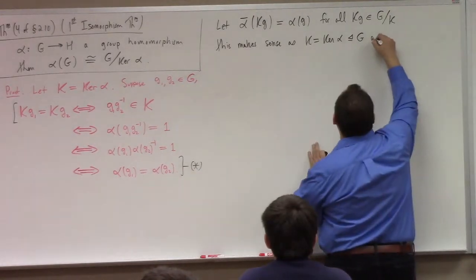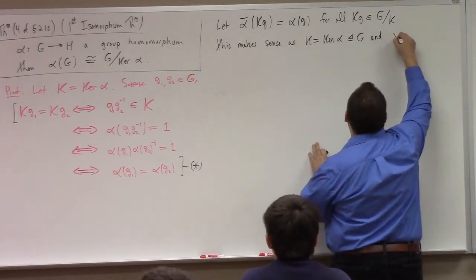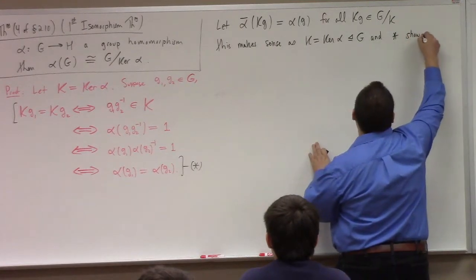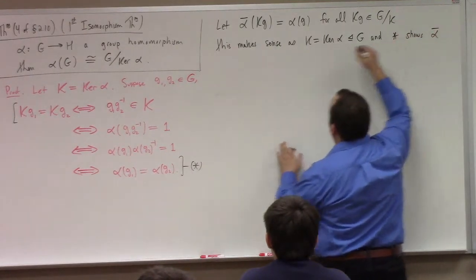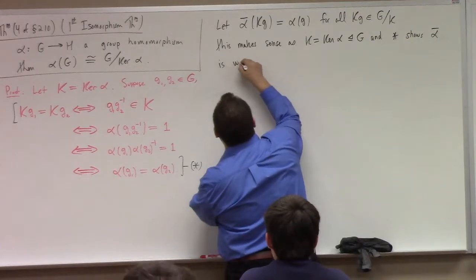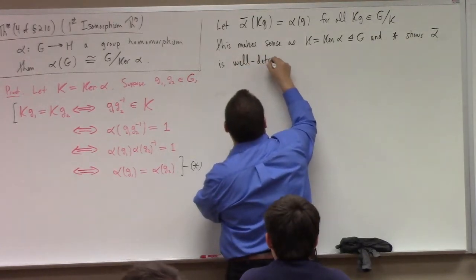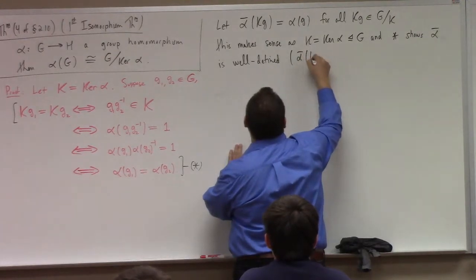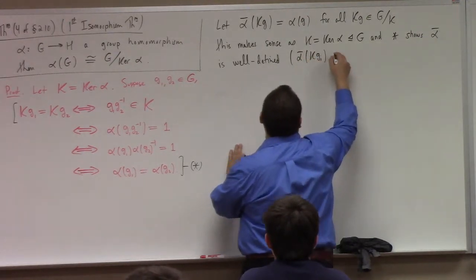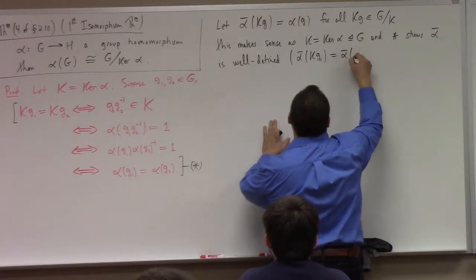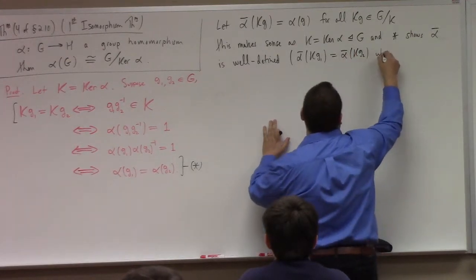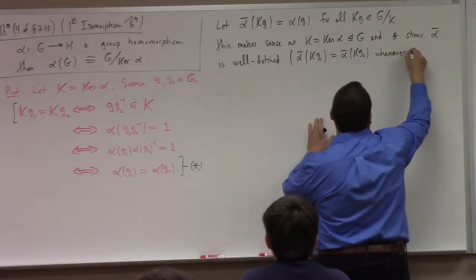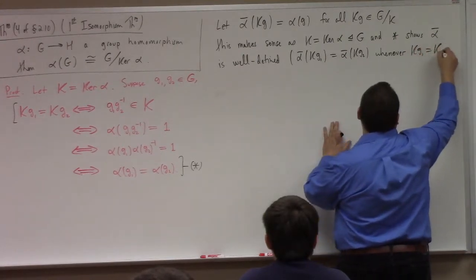And star shows that alpha bar is well defined, right? In other words, that alpha bar of kg1 is equal to alpha bar of kg2 whenever kg1 equals kg2, right?